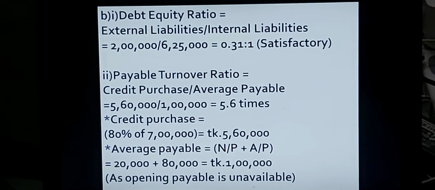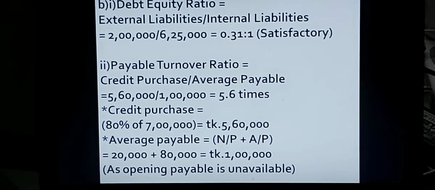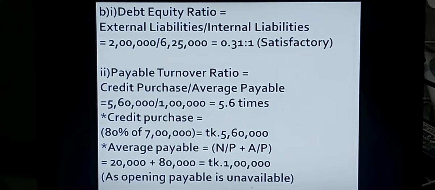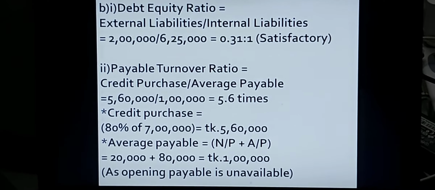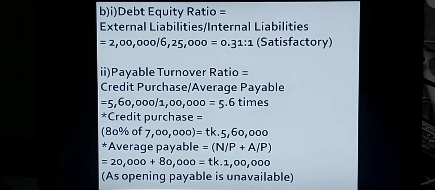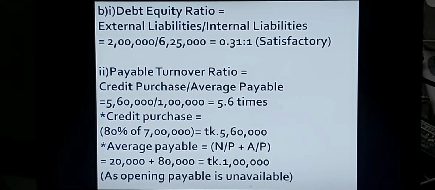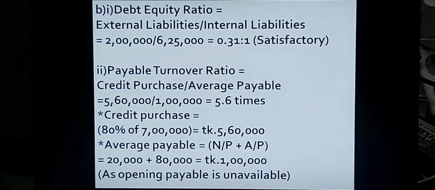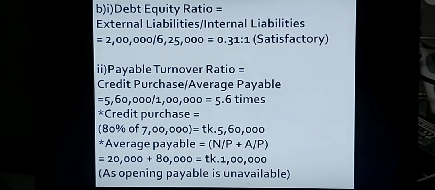From the rules and regulations of ratio, if opening payable or opening item is not available, then closing item is equal to average item. So average payable is equal to notes payable for taka 20,000 plus accounts payable for taka 80,000, which is equal to taka 1 lakh.